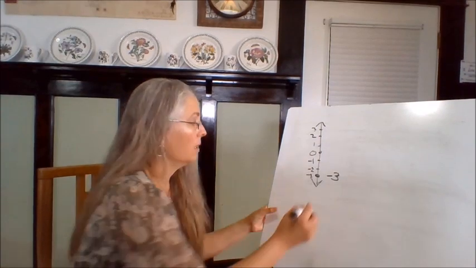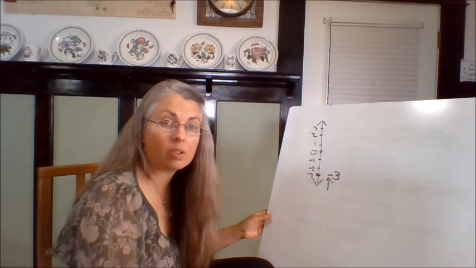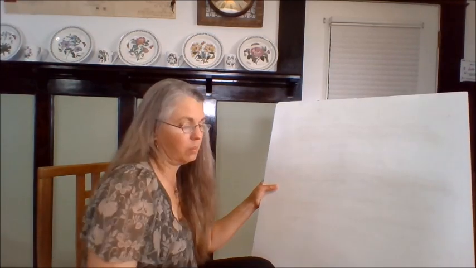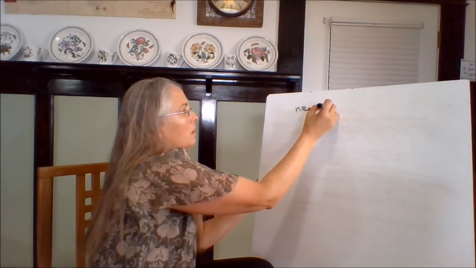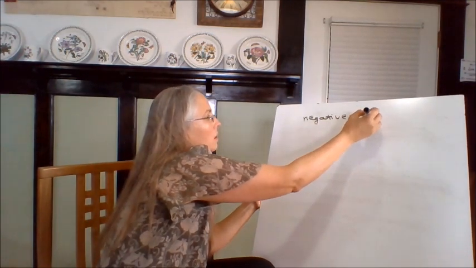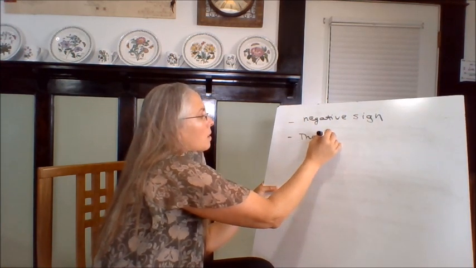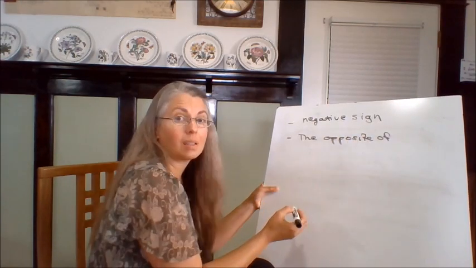It's one number. This symbol right there is confusing because it means so many different things. We use the same symbol to mean so many different things. This is what it means. It means negative sign. It also means the opposite of, and I'll get to that in a second.